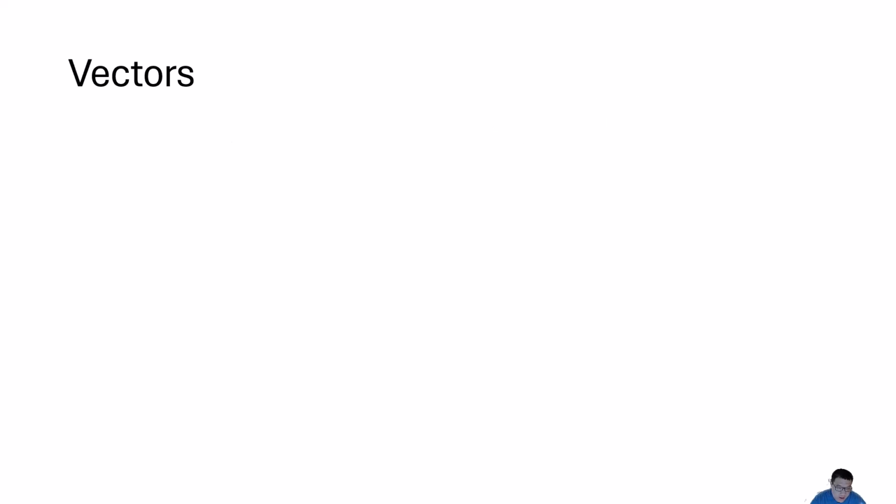So what about vectors? A vector means some variable has both magnitude and direction.